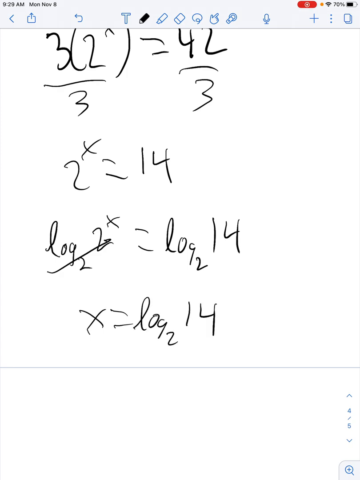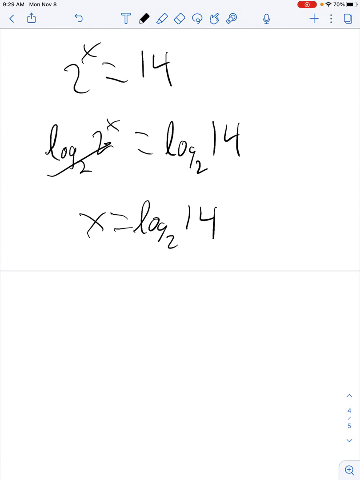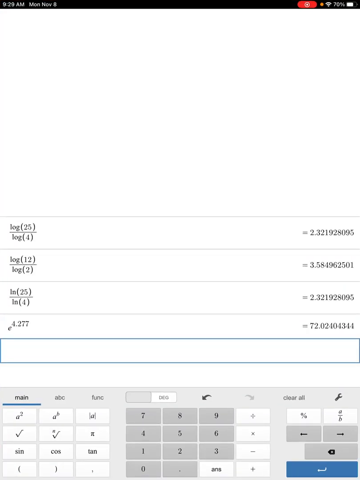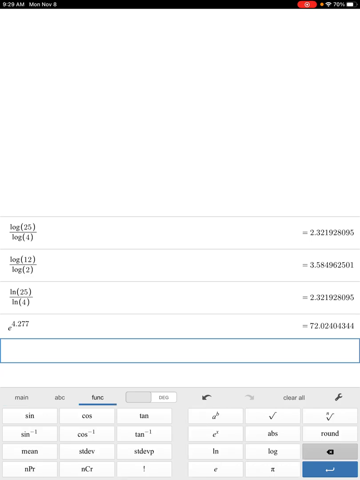I'm left with x equals log base 2 of 14, which we don't necessarily like if it's not base 10. It's harder for our calculators. So we're going to use our properties and say x equals the natural log of 14 over the natural log of 2. Again, I can use my calculator.